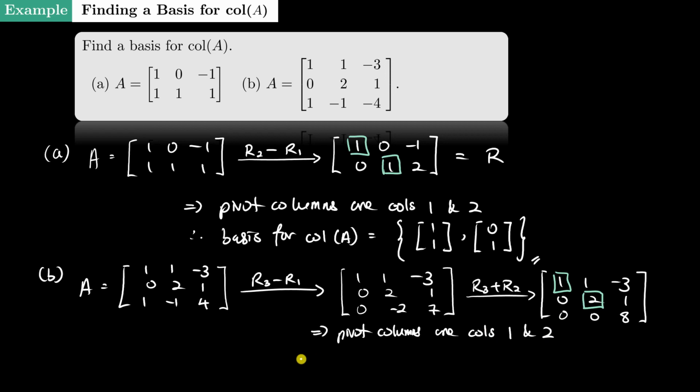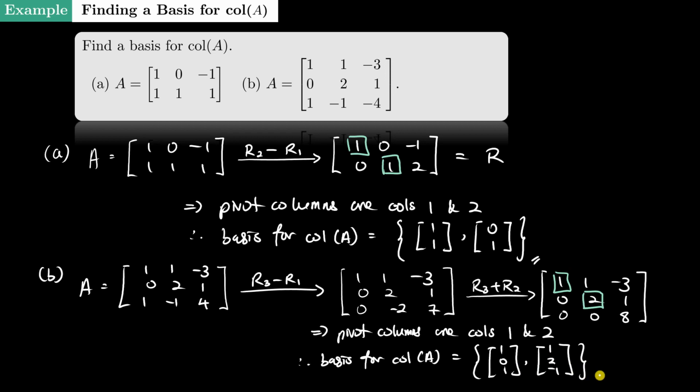And therefore, a basis for the column space of A would be, from the corresponding columns of the matrix A, we have 1, 0, 1 and 1, 2, -1. And that's our solution for part B.